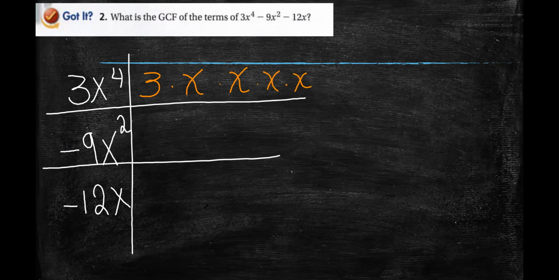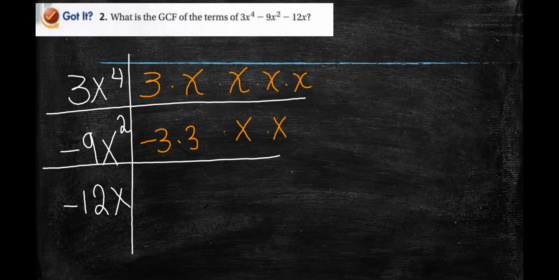Then 9, is it a prime? No, it is a composite. I will need to factorize it. So it will be negative 3 times 3. And how many x do we have? 2x. Thank you. Last one.